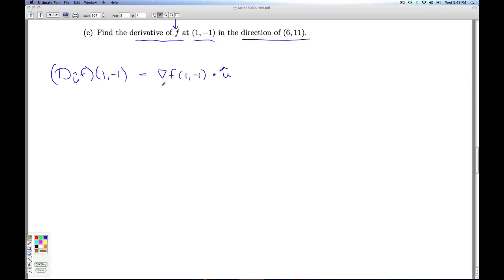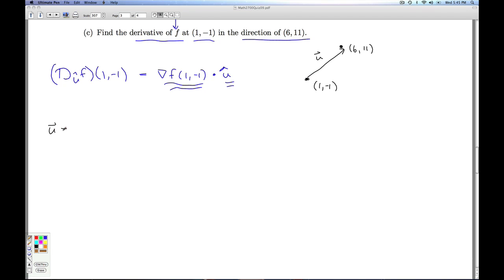So there are a couple things we need here. We need the gradient at the point 1, negative 1, and then we need the unit vector u hat. Let's go after the unit vector u hat first. So how do we find that? Well, here's a rough schematic of the situation. We want the derivative at 1, negative 1 looking in the direction of 6, 11. So I can find that vector u and then normalize it to get u hat.